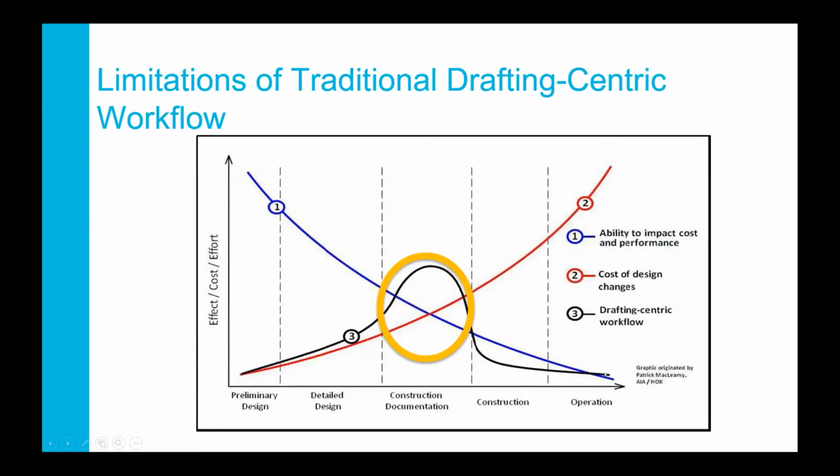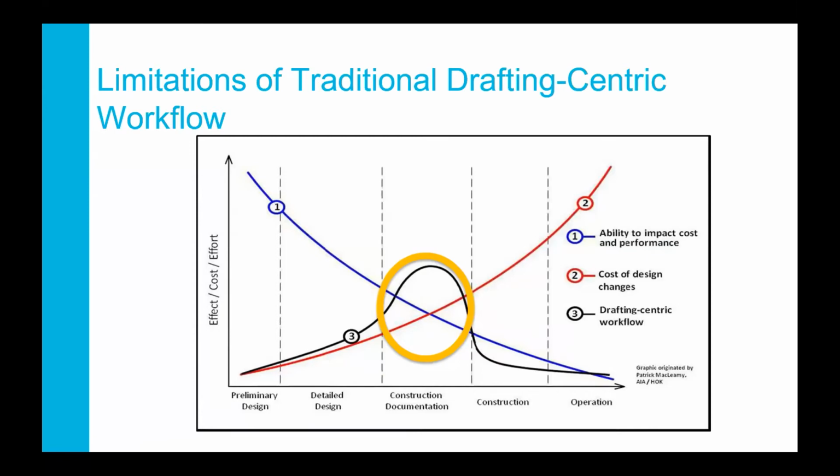And in the traditional drafting workflow, most of the effort is focused on the construction documentation phase. Usually this process yields the first design that meets the code, which is the most important thing for quality.